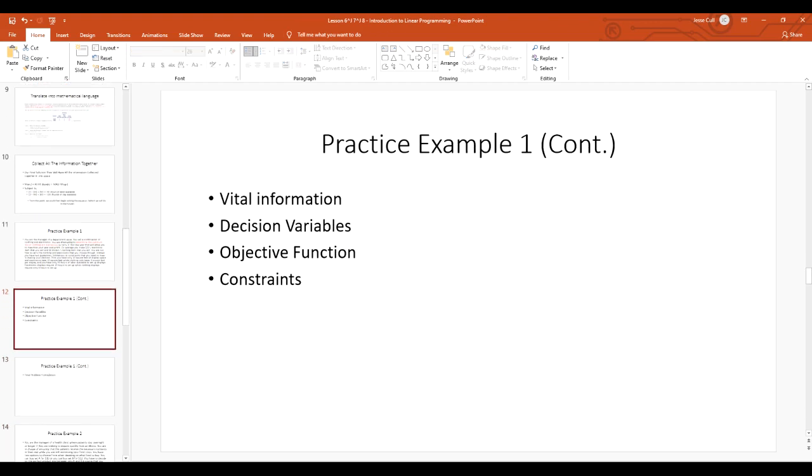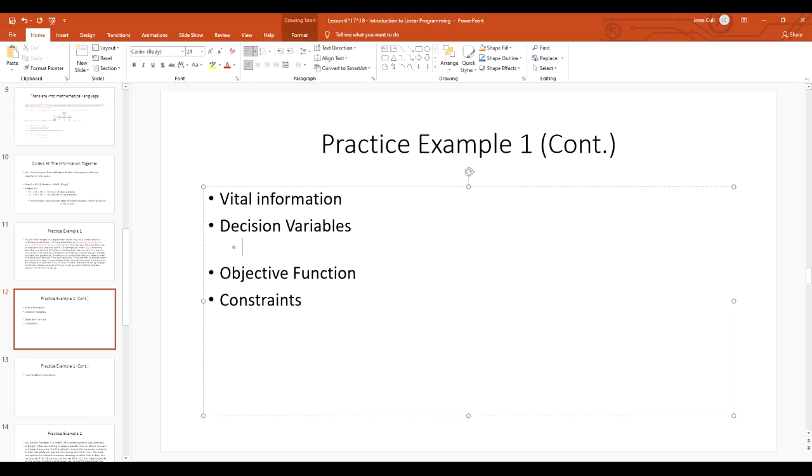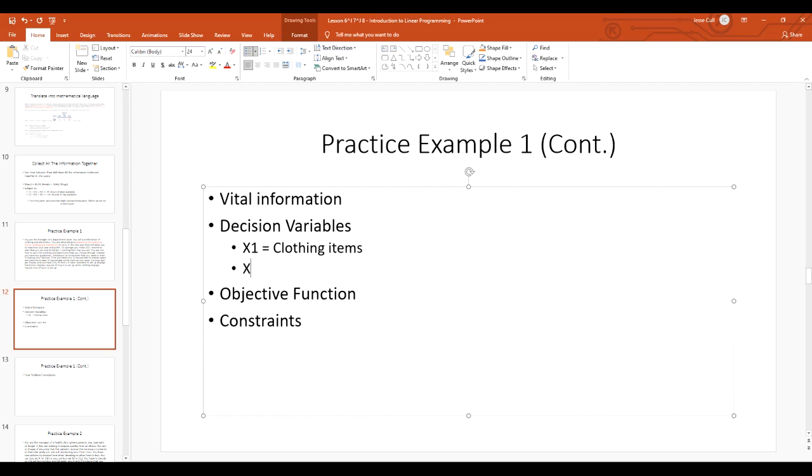We'll come down here, and for our decision variables, we'll enter x1 is equal to clothing items, x2 is equal to electronic items.